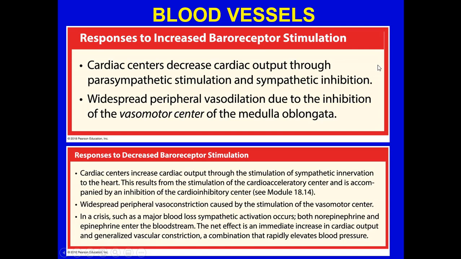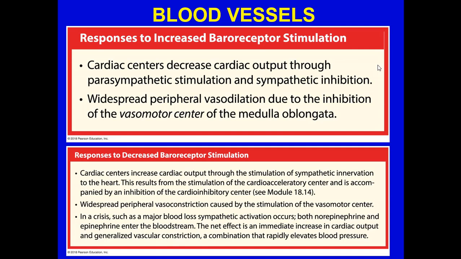In response to increased baroreceptor stimulation, the cardiac centers are going to decrease cardiac output through parasympathetic stimulation and sympathetic inhibition. What I'm saying is they're going to slow the heart down. Okay. You will have widespread peripheral vasodilation due to the inhibition of the vasomotor center of the medulla oblongata.